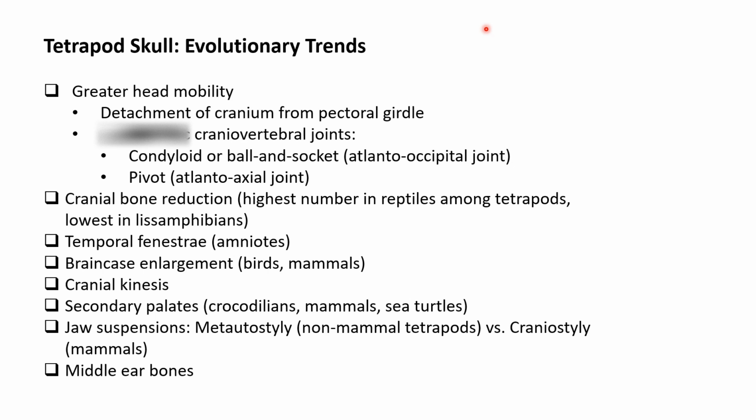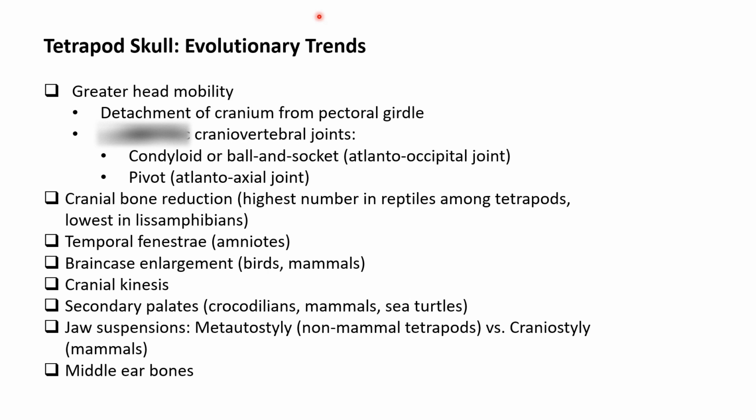Loss of skull bones was also a general trend leading to modern species, with the highest number retained in some reptiles. Birds and mammals also experienced an enlargement of the cranial cavity, reflecting their relatively large brains.